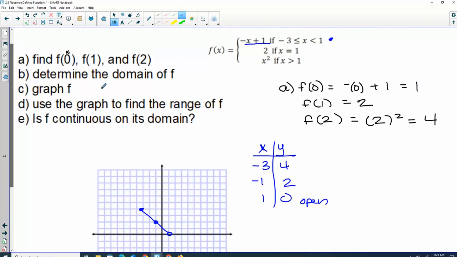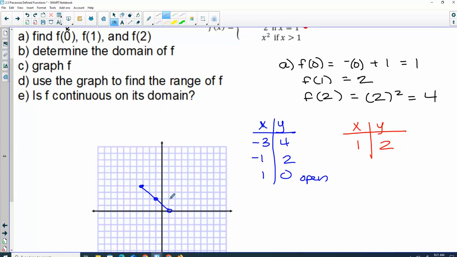Next piece. 2 if x equals 1. There is only a single x value we can put in, only 1. And we get out 2. So 1, 2 is just a dot on our graph. That piece is just giving us a single point.